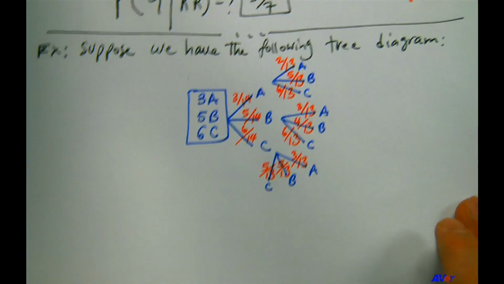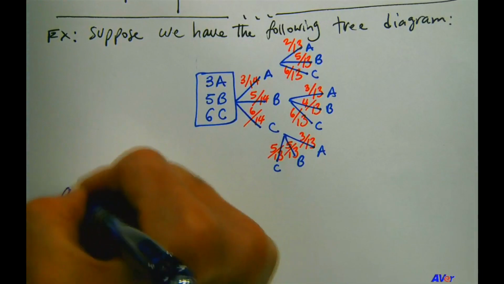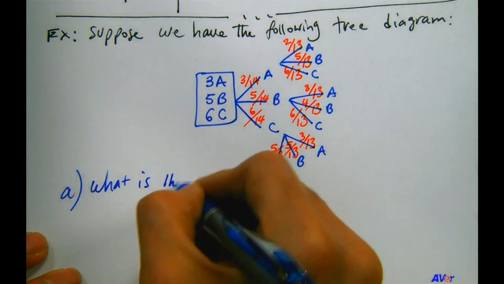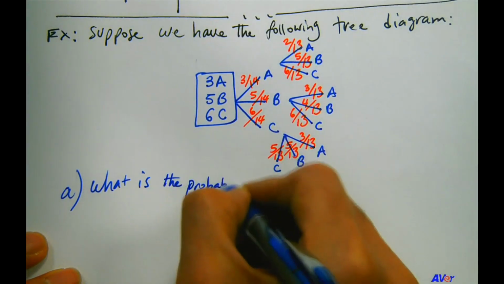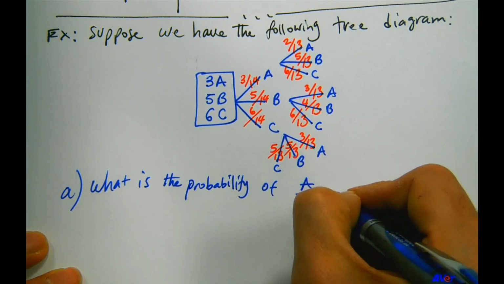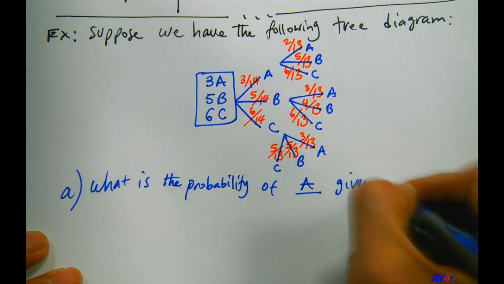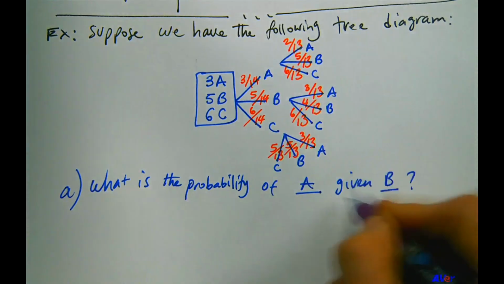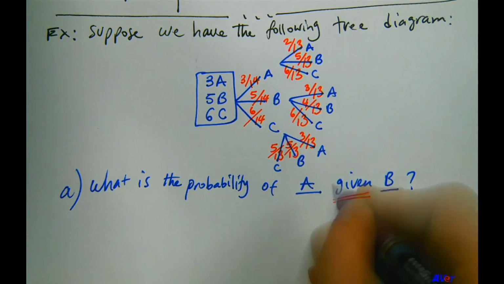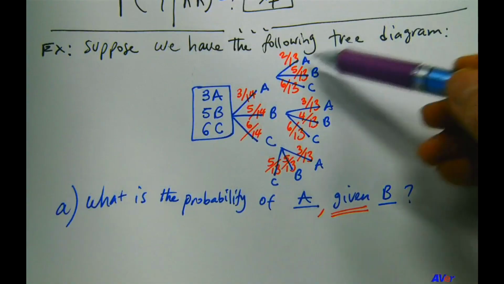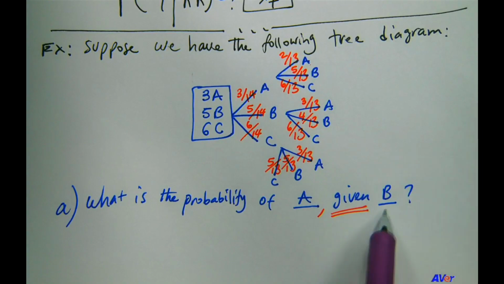And the questions we're being asked are as follows. Part A, we want to know what is the probability of A given B, right? Here's the conditional probability clue again. What's the probability of getting an A if we know a B has already been selected?